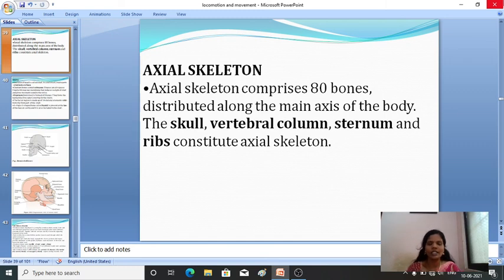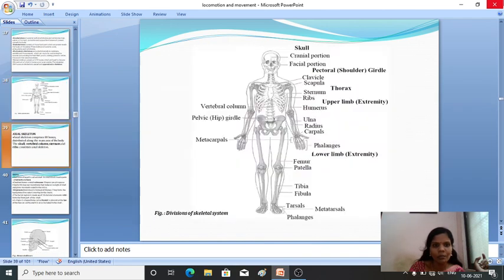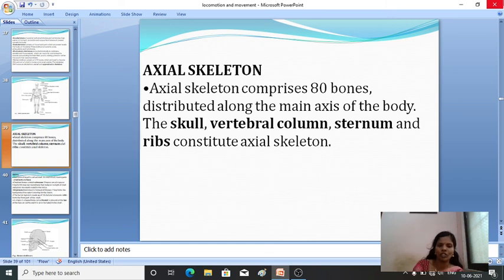So in the axial skeleton, firstly we discussed two parts. Today in this class we have completely discussed the axial skeleton, right? Before that we completed the appendicular skeleton, where only one part, the pectoral girdle, is completed. The axial skeleton majorly consists of 80 bones.